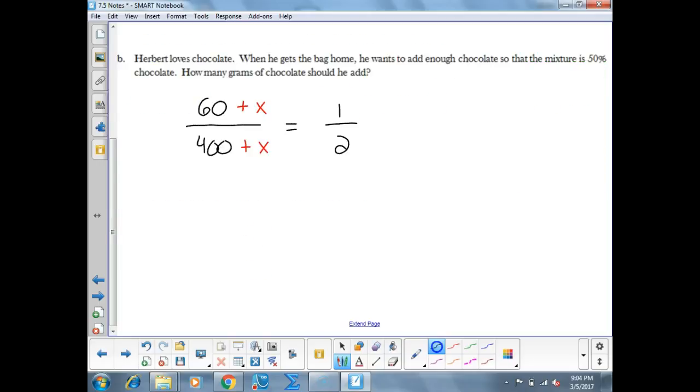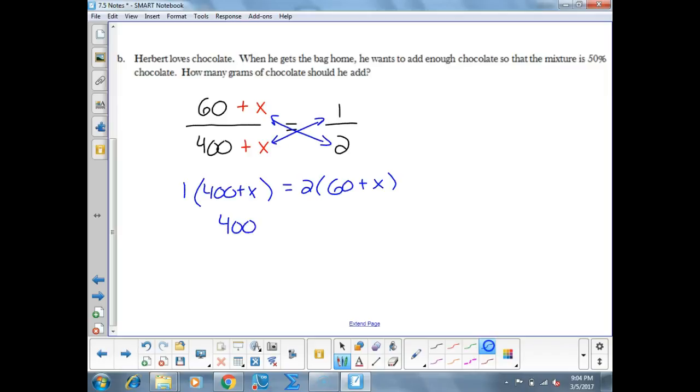So we can do a little cross multiplication here, and we can say then that 400 plus X times 1 is going to equal 60 plus X times 2. These two and those two. Cross multiply. Okay? So on this side we get 400 plus X. On this side we get 120 plus 2X.